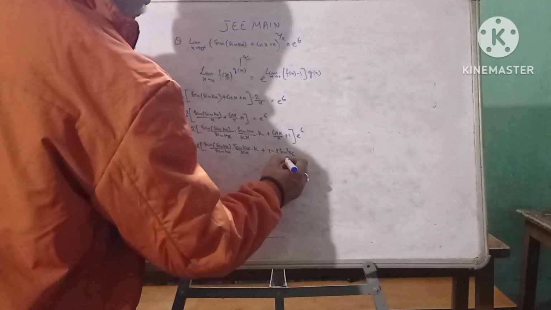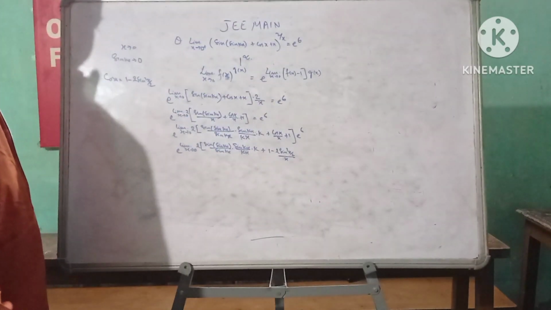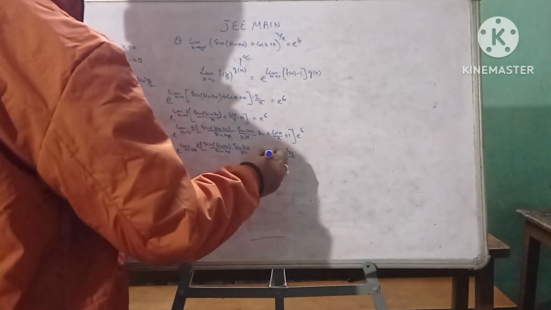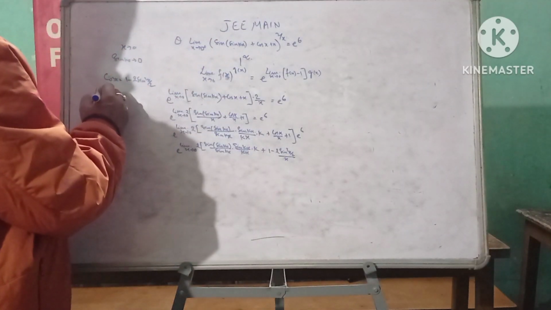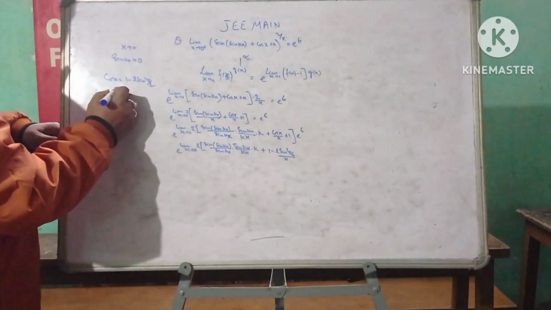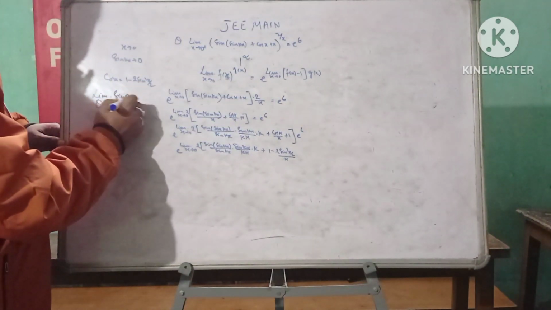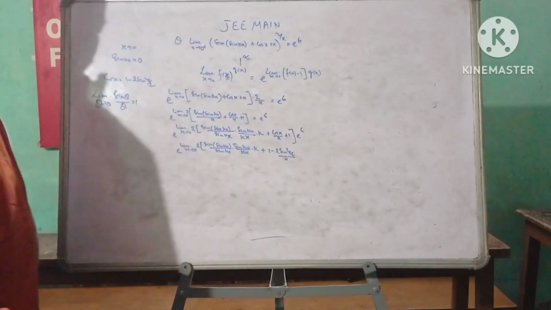So we are going to take x. Again here, we are going to take the help of this, that is limit theta tends to 0, sin theta by theta equal to 1.